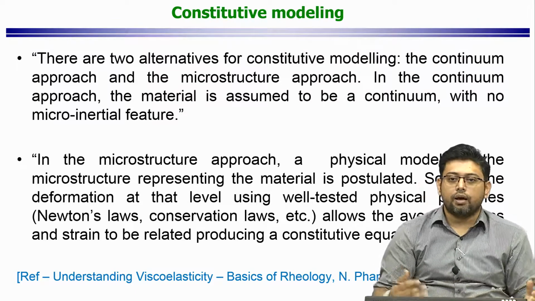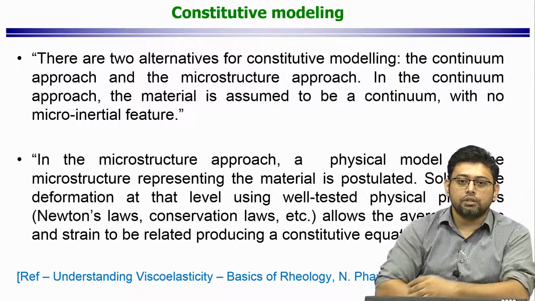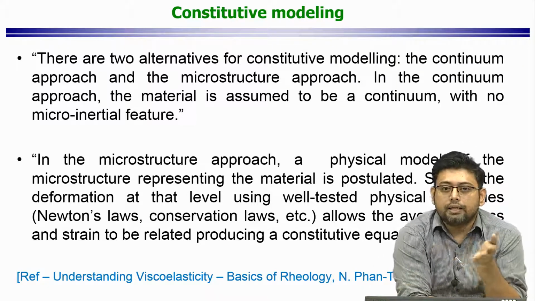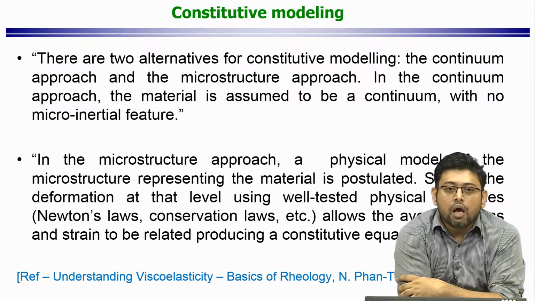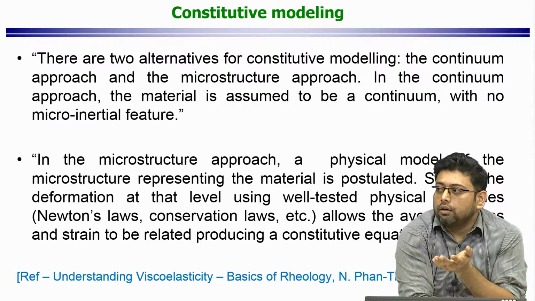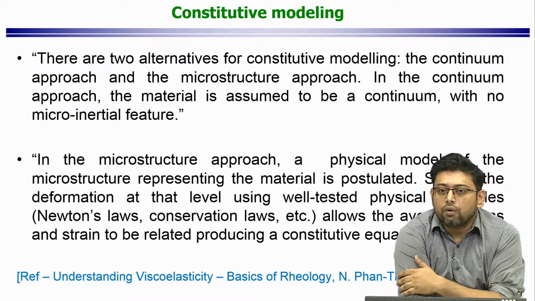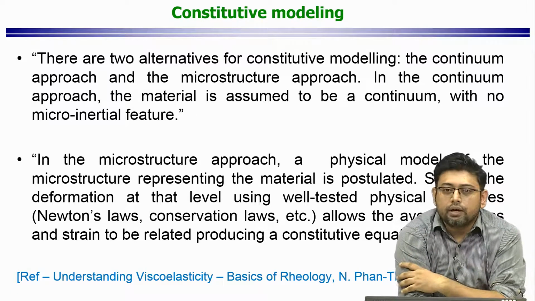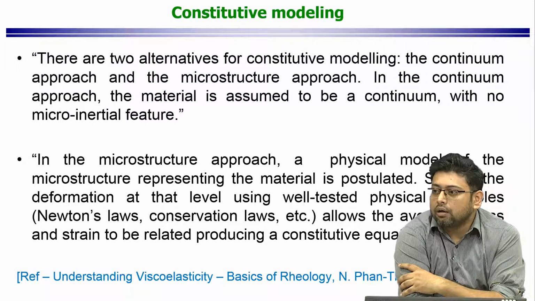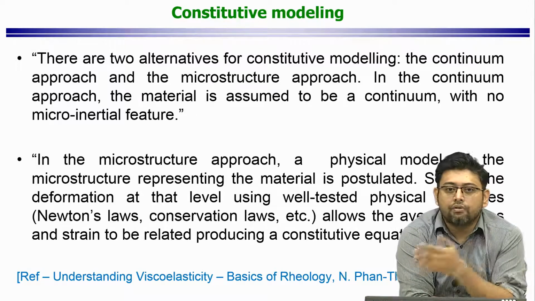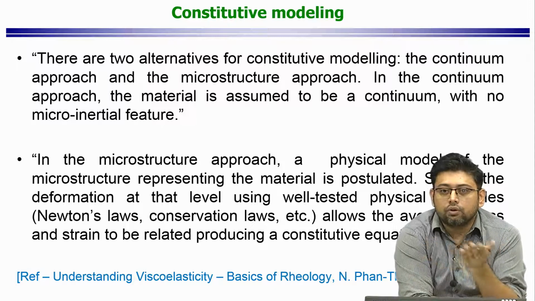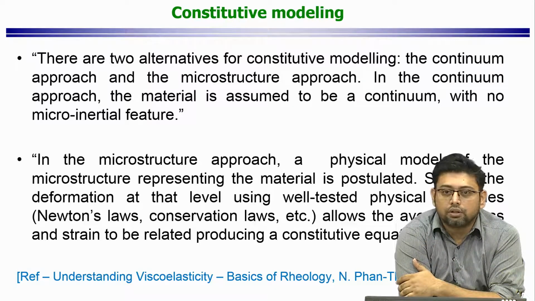Maybe you have a model, and then you say, okay, I will apply Newton's laws, and I will discuss how the particles interact amongst each other, and from that first principles approach we calculate stress and strain, and usually they turn out to be statistical theories that can help you determine that. Once you do that, you use the averaged quantities and you say that you have a molecular or microstructure based physical model for this.